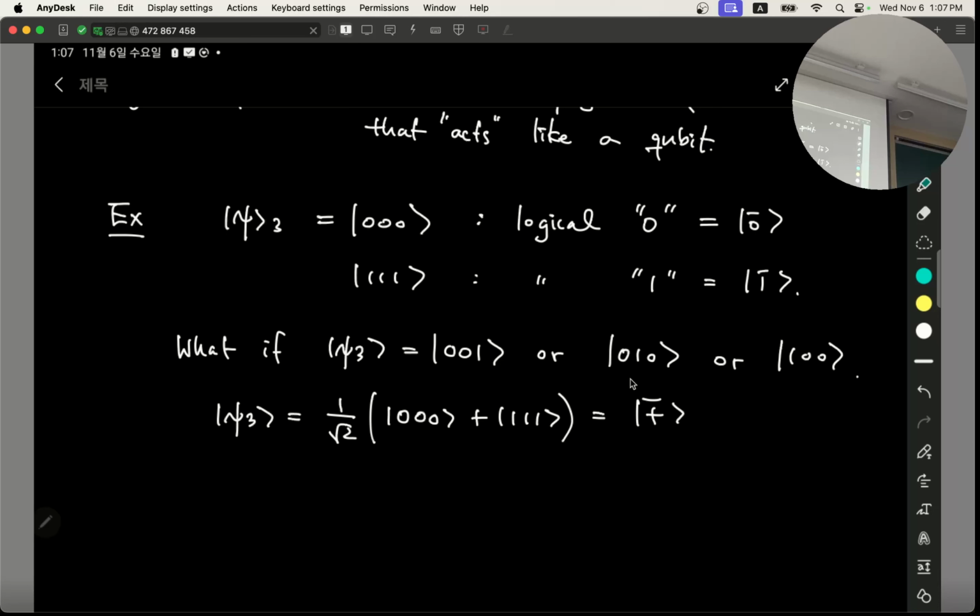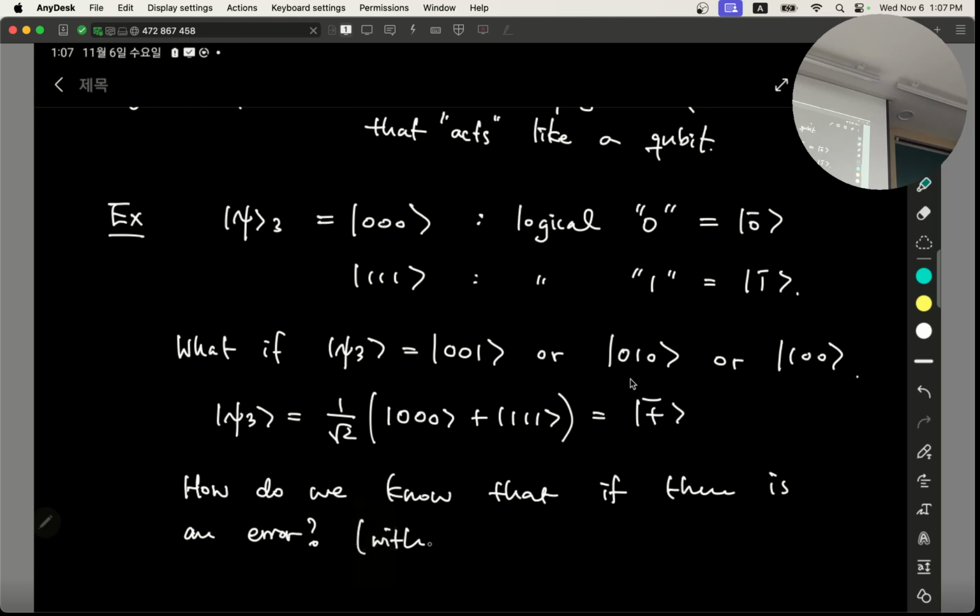That's the problem: detecting an error without collapsing the state.